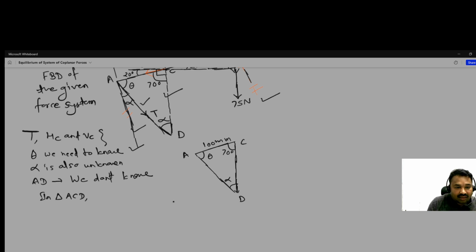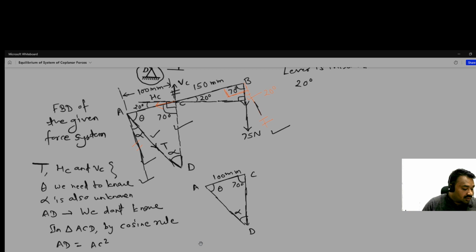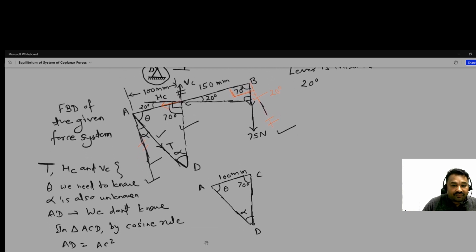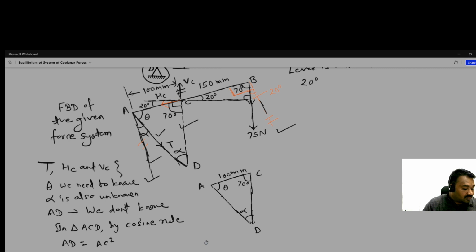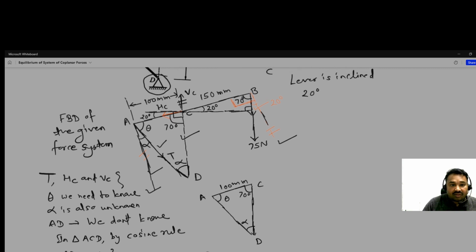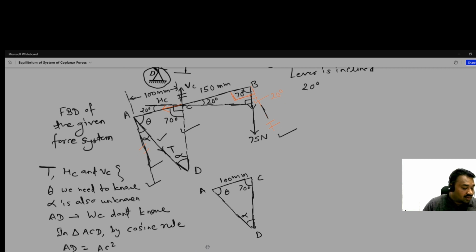So by cosine rule, AD is equal to AC square plus CD square, and this is also known here, this one is 120 mm, it is given.